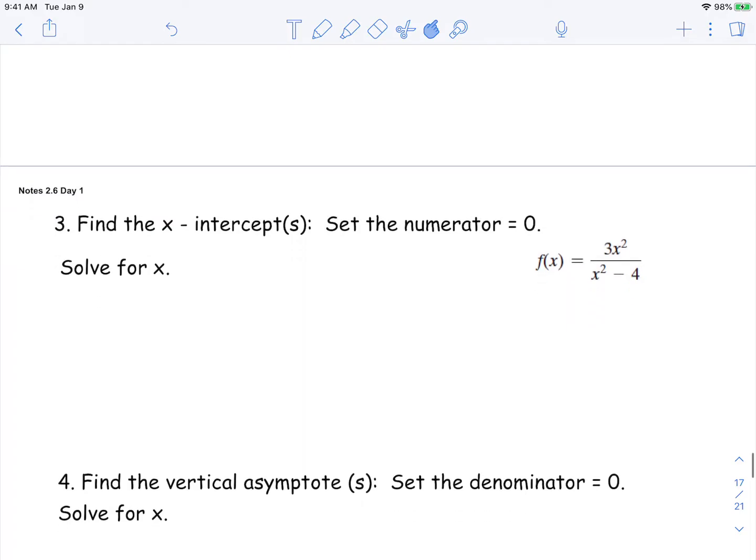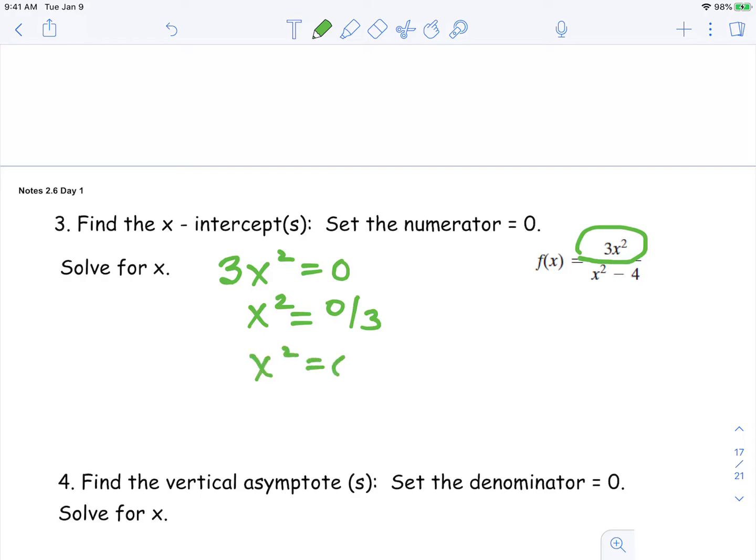Next is to find the x-intercepts. So we're going to set the numerator equal to 0 and solve for x. So we'll divide by 3, square root it, and we still get 0. So the x-intercept is at 0, 0.